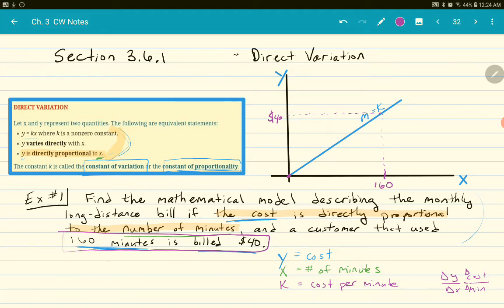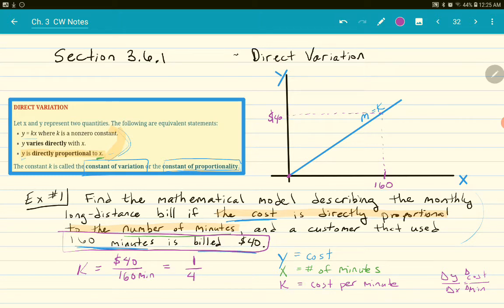So k equals dollars per minute, so that's $40 for 160 minutes. Reducing that, let's see, what do I get? I get $1 for 4 minutes, or 1/4.